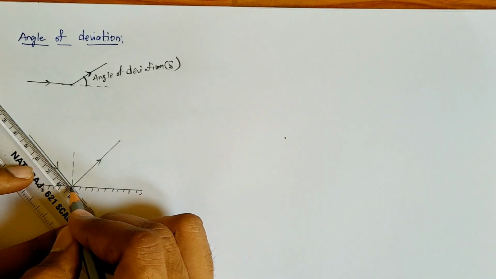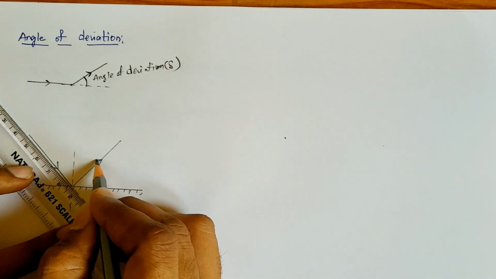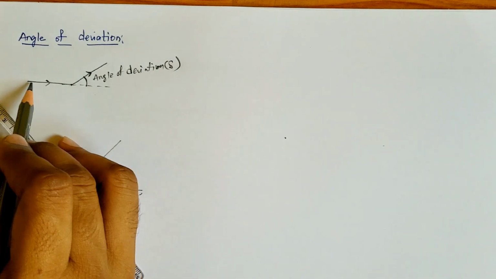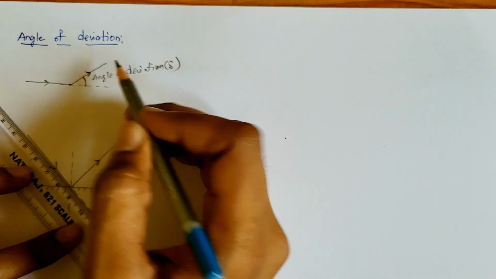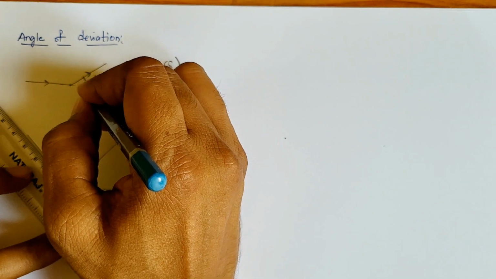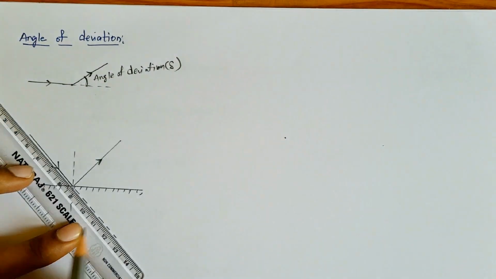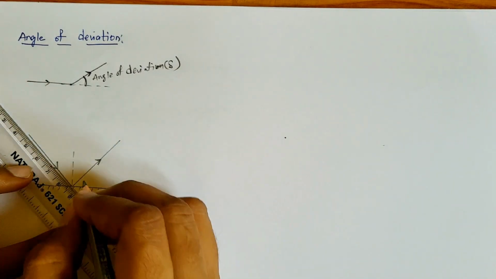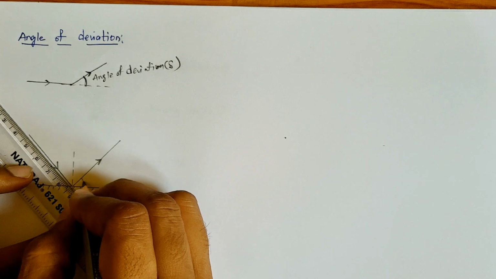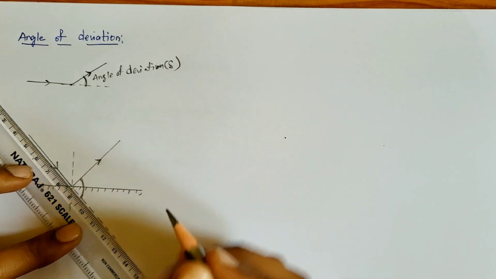But now it changed direction and it is moving in this direction now. See, this was the initial direction and this is the direction in which you are moving. The angle formed between these two is the angle of deviation. So this is the initial direction of the light ray and this is the direction in which the light ray passes after reflection. This one will be the angle of deviation.